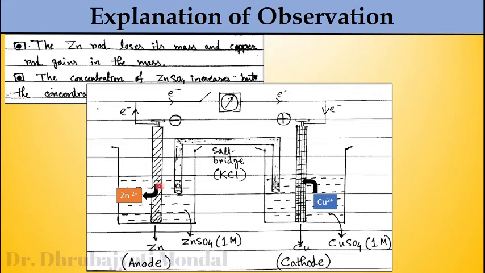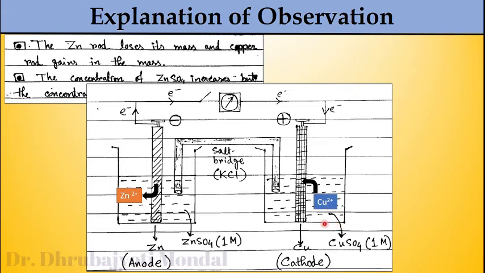You can see here the zinc goes as Zn2 plus, so the concentration of Zn2 plus increases. Here you can see the copper 2 plus goes from the solution to the electrode, so the concentration of copper 2 plus decreases. So these are the next two observations, and you can explain why this happened.